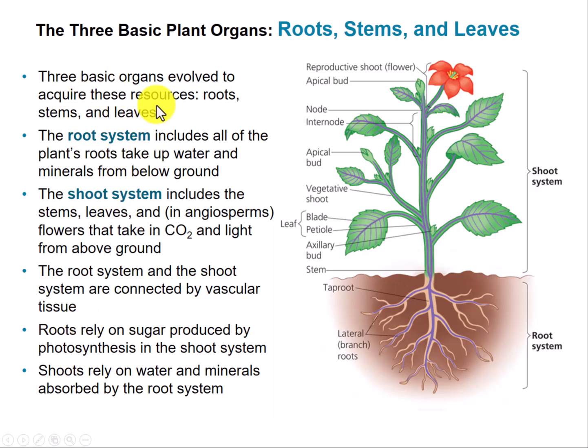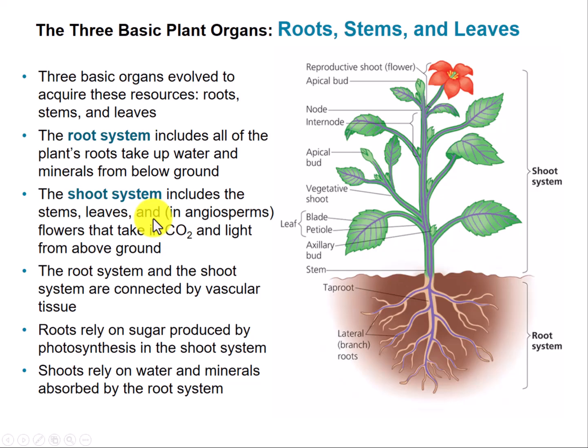And so let's look at our 3 basic organs. The shoot is the part that is above the ground. The root is the part that is below the ground. And then the leaves are coming off of the shoot system. So roots take up water and minerals from the ground and take it up into the leaves with the xylem.